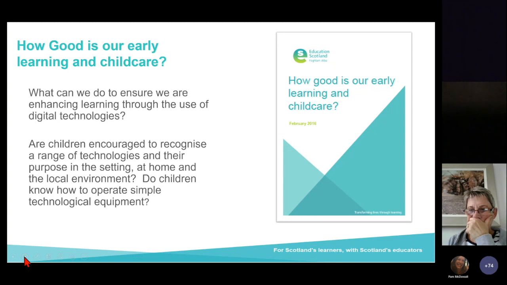But how do we know that we are embedding computing science at an early level? How can we self-evaluate? And this is really important. Are we providing these experiences and opportunities? And are we encouraging children to recognise a range of technologies and their purpose? I'd particularly ask you to have a closer look at 3.3, developing creativity and skills for life and learning.